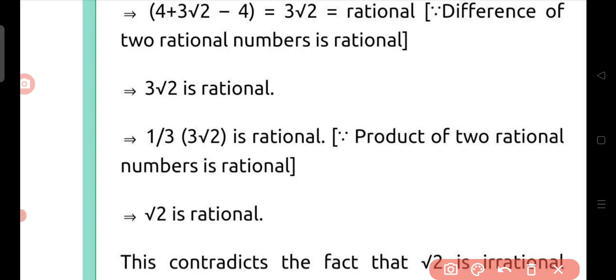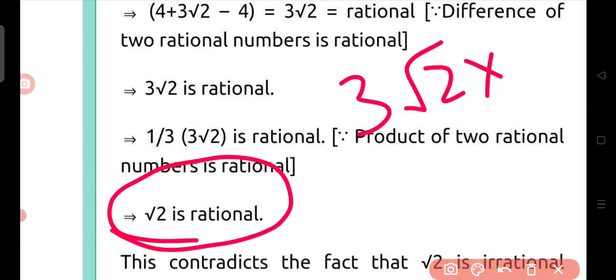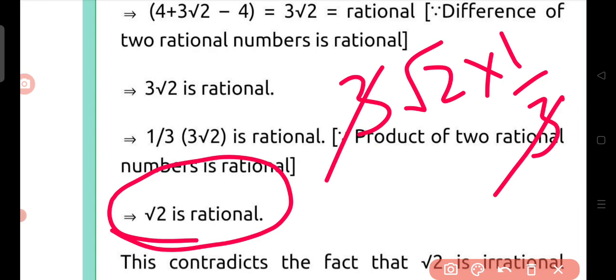This is the closure property with respect to multiplication. So root 2 is a rational number, because 3 root 2 multiplied by 1 by 3, the 3 cancels out with 3. So the result is root 2.